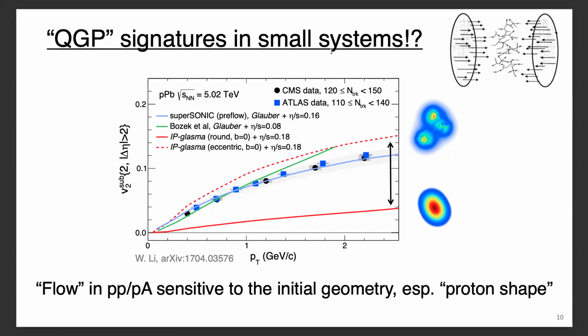So do you expect to see flow for electron-proton collisions? Naively you wouldn't. What is the difference between proton-proton versus electron-proton? With the proton you can still think there's a geometry, because the proton has a physical size, right?